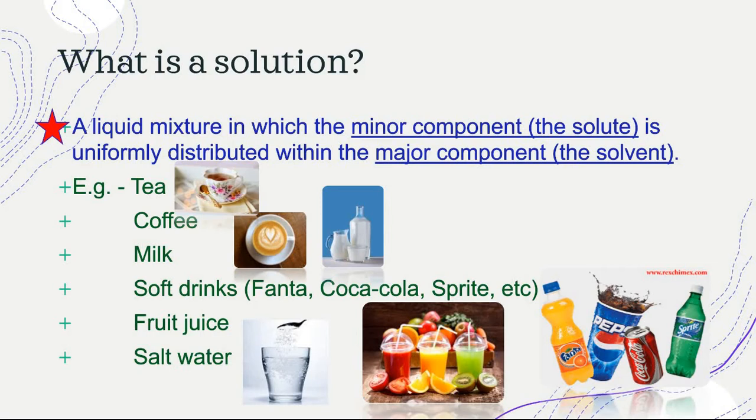Now to understand this clearly, let us consider plain tea. When you make plain tea, you're going to take 1 cup of hot water, 2 to 3 teaspoons of tea leaves and a teaspoon or 2 of sugar.